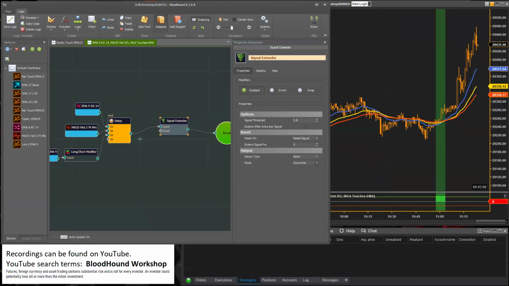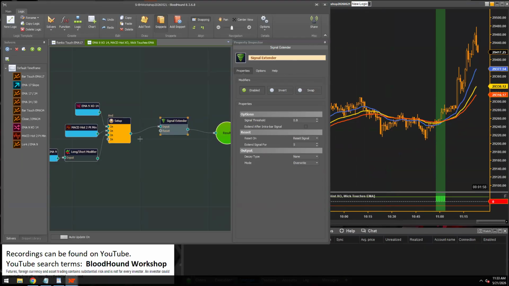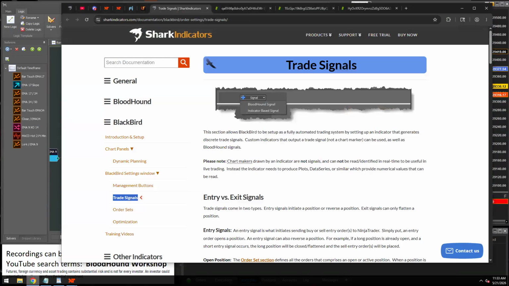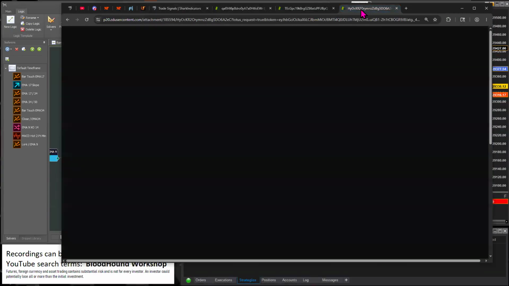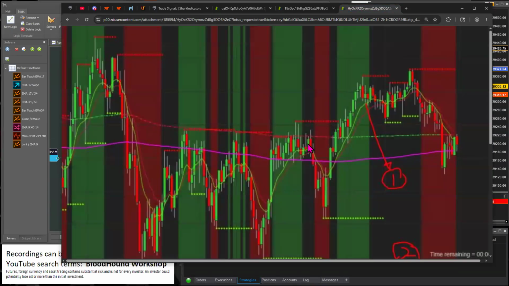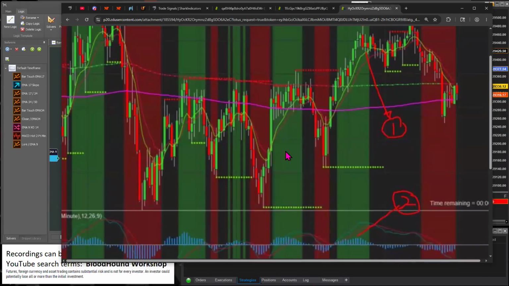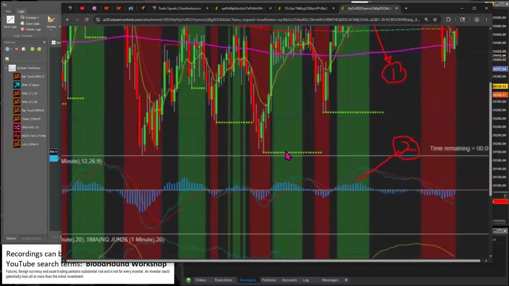And so really, if this long string of signals here is not based on a signal extender, then what I'm going to build won't apply.